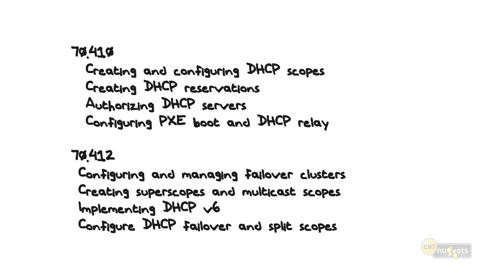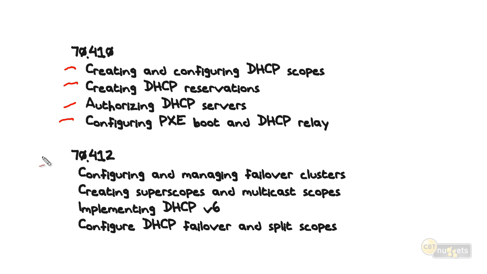There are certain tasks that you should already be familiar with before you watch this nugget. For example, how to create and configure a DHCP scope, how to create reservations within a DHCP server, how to authorize DHCP servers, and how to configure DHCP supporting services like PXE boot and DHCP Relay.